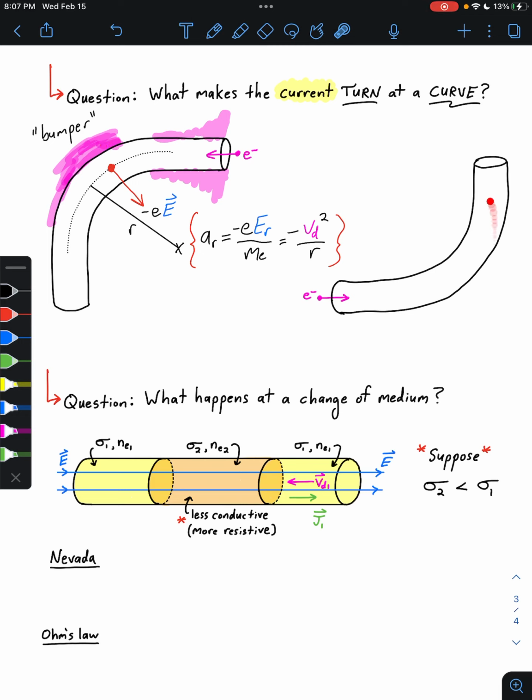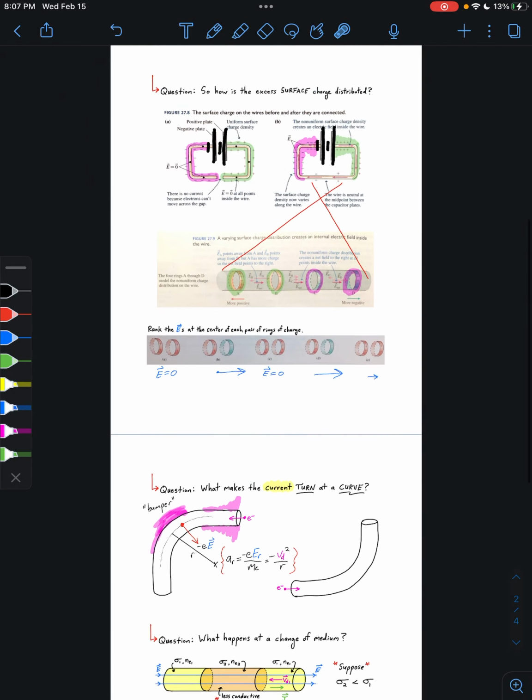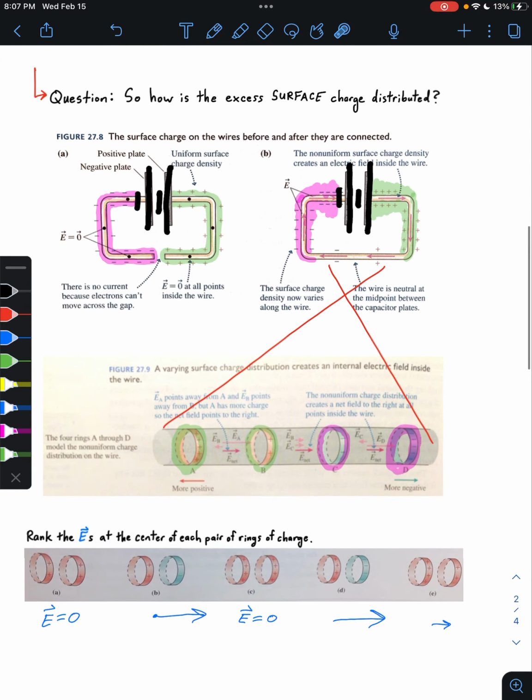Now let's look over here on this side. Let's look at this turn down here as an electron navigates around and takes this turn through this portion of the wire where the surface charge layer is a positive charge.